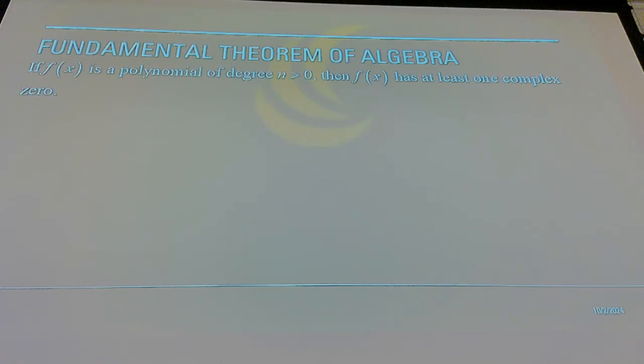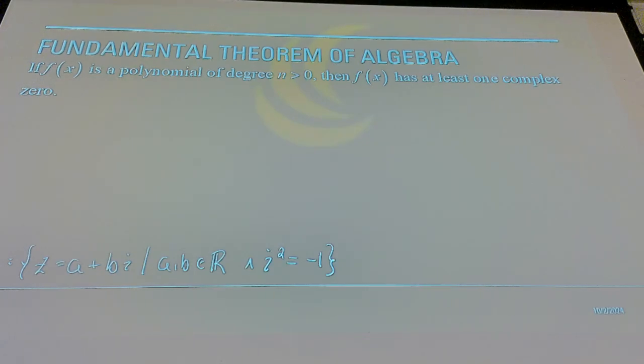So complex numbers can be written in the form of a plus bi. Those are the definition of the complex numbers.